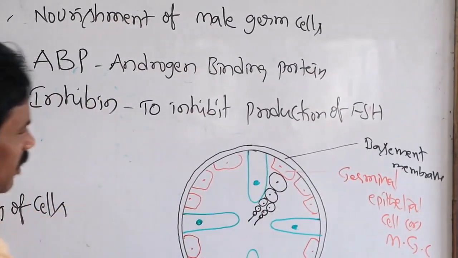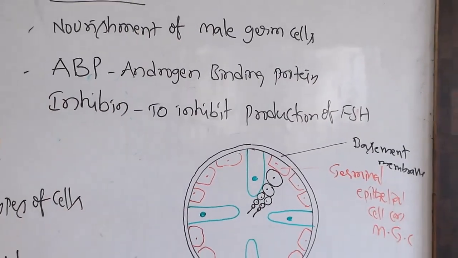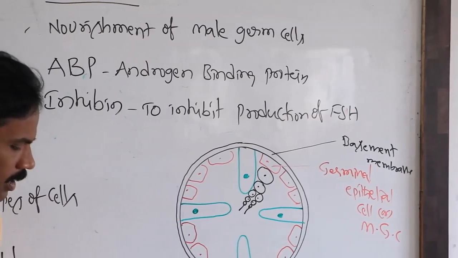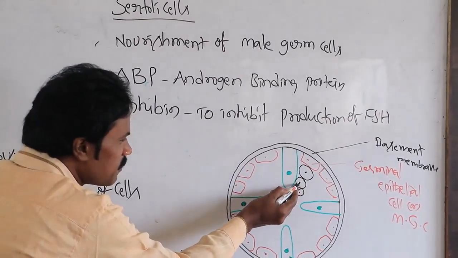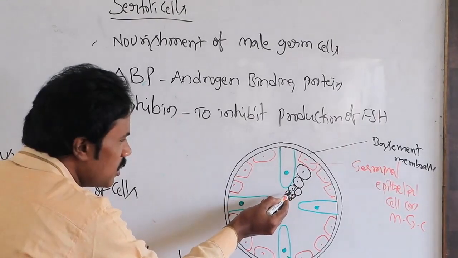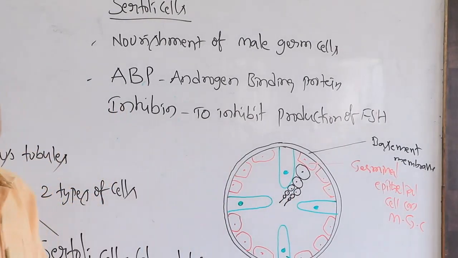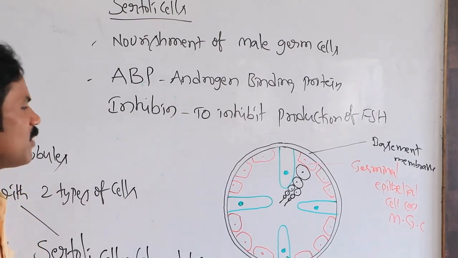Like this, they are present: spermatogonia, primary spermatocyte, secondary spermatocyte, spermatid and sperms.